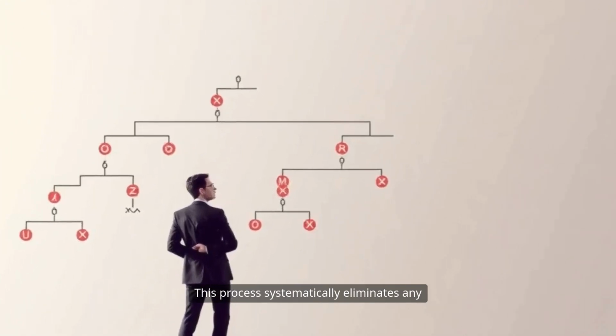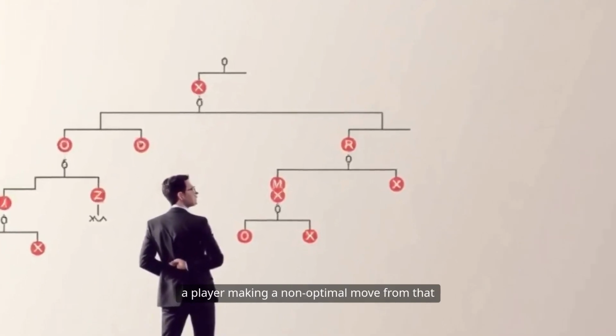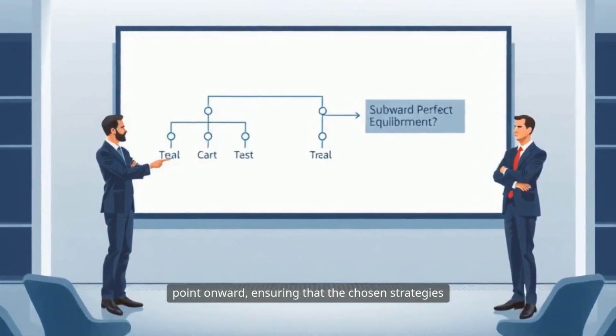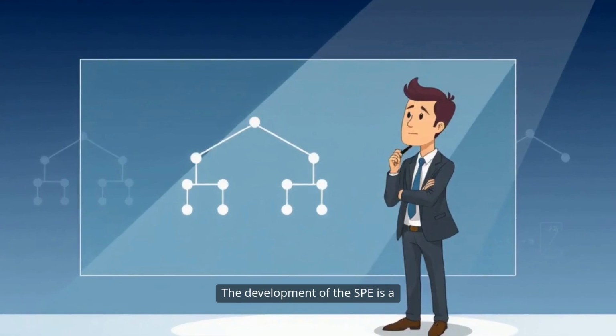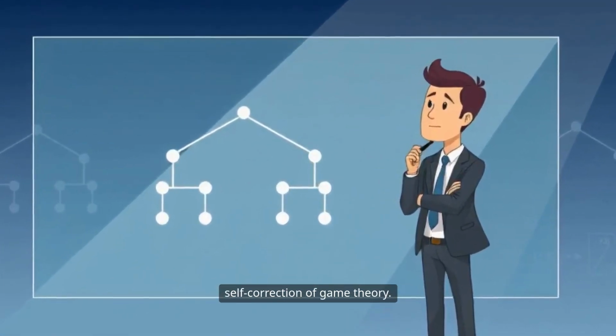This process systematically eliminates any branches of the game tree that would involve a player making a non-optimal move from that point onward, ensuring that the chosen strategies are credible and rational at every stage. The development of the SPE is a prime example of the intellectual self-correction of game theory.